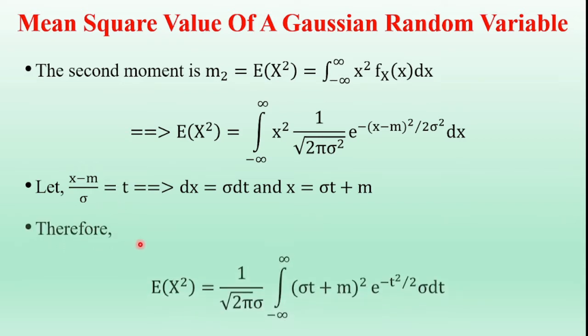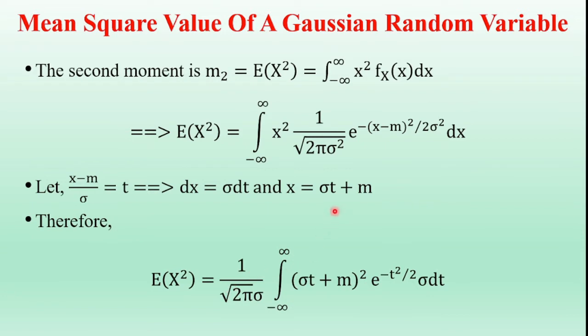Therefore, expectation of x square is equal to 1 by square root of 2 pi sigma square, that is sigma, integral from minus infinity to infinity of x, which is sigma t plus m, whole square into e power minus t square by 2, and dx is sigma dt.